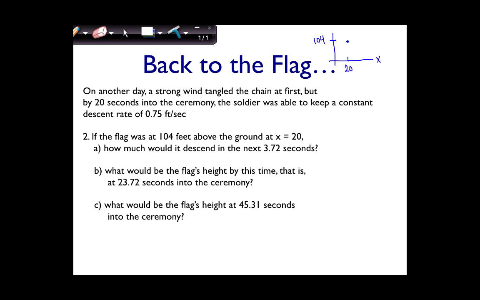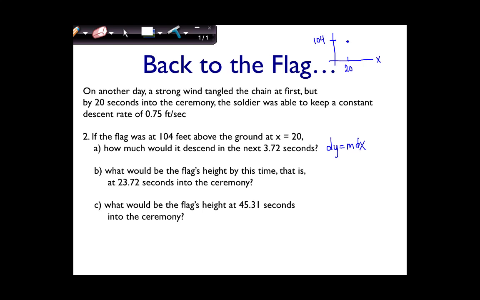So to answer question A, how much would the flag descend in the next 3.72 seconds? What do you need to do to compute that? Right, dy equals m dx. This is the same first question as in question number 1, 3.72 seconds. It doesn't matter what the starting height was.